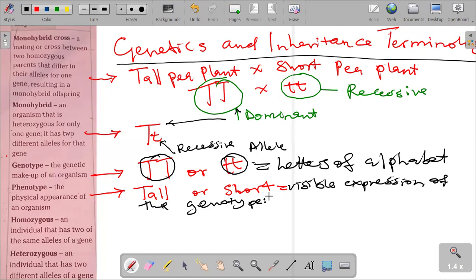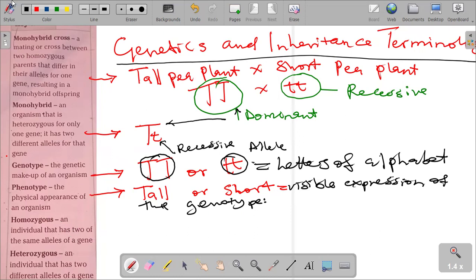The phenotype is supposed to give a description. It is a descriptive term such as tall, short, black, dwarf, or any other colors or terms that can describe a situation. We call that the physical appearance of an organism, which is the phenotype.